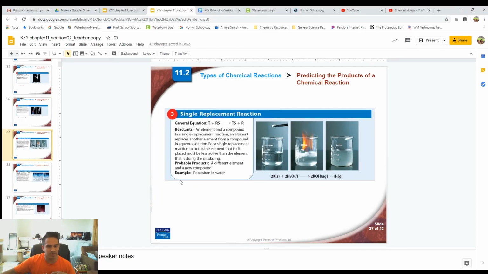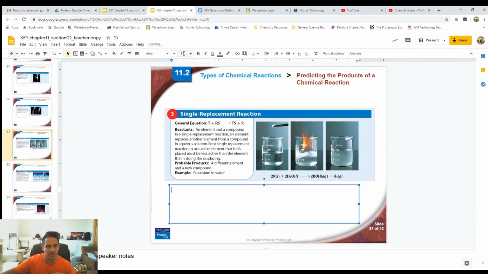A single replacement, it's typically going to look like this, where you have A plus BC goes to B plus AC. Okay, so A is replacing B, so that B is now by itself and A is bonded with C. Okay, that's the typical general formula for single replacement.